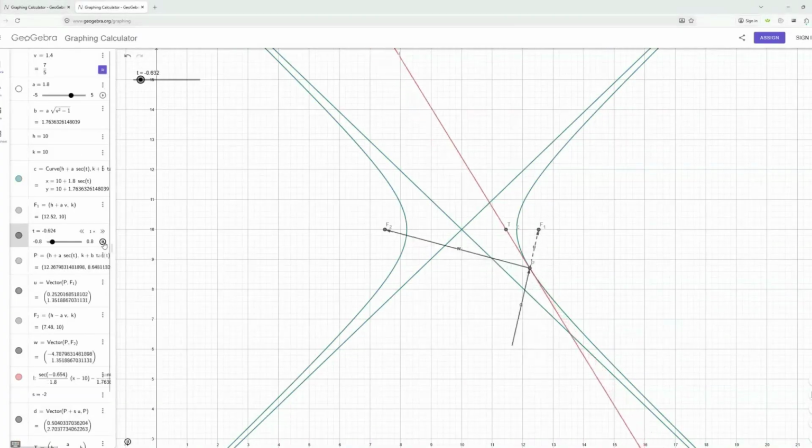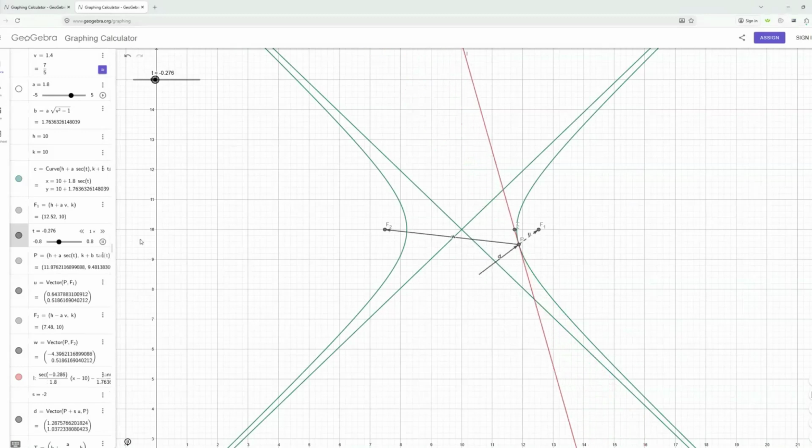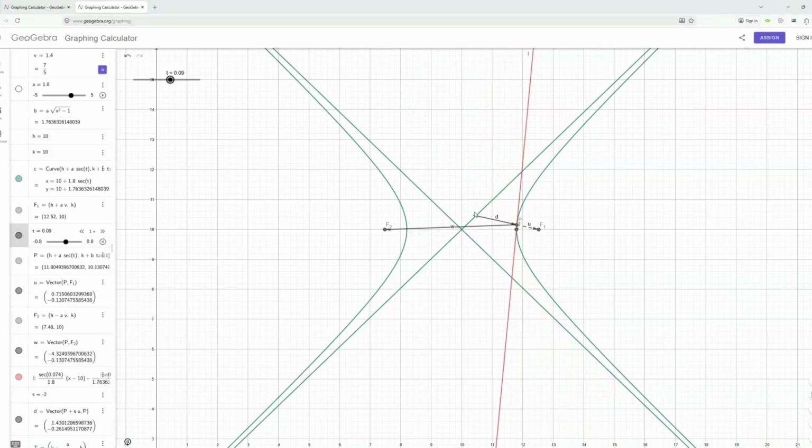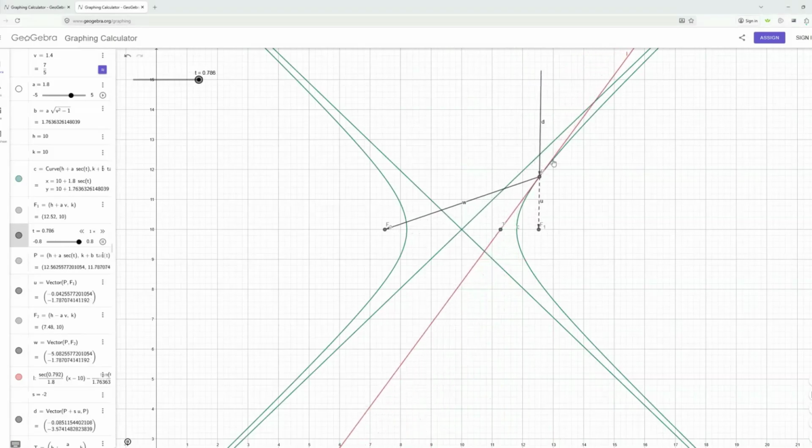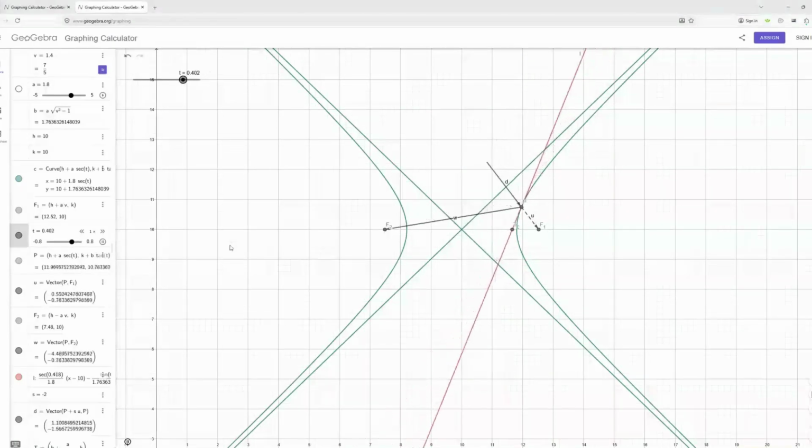And in the external reflection property, a ray that is directed towards the first focus is reflected in the direction of the second focus.